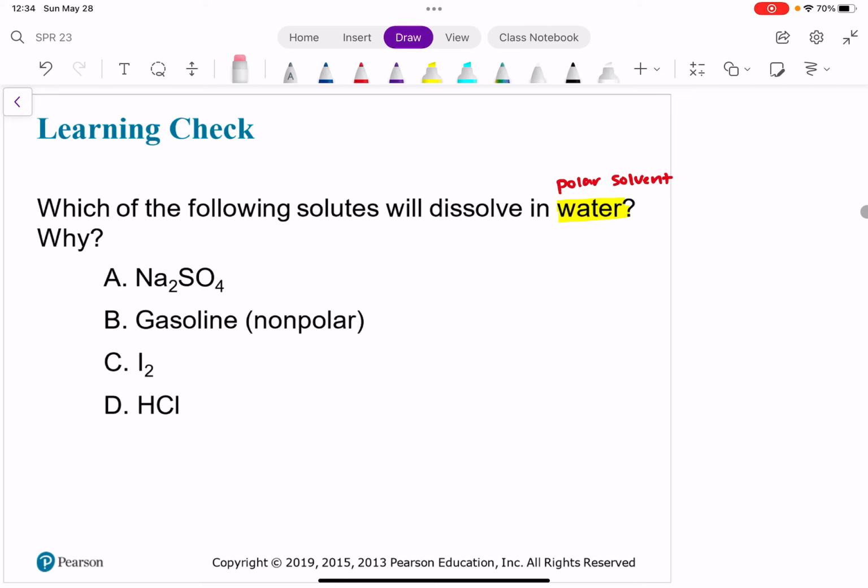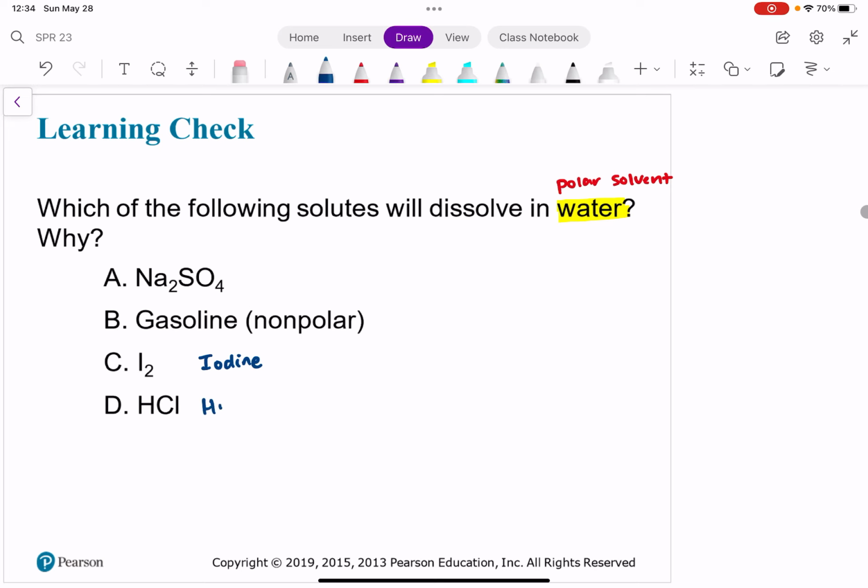So A, Na2SO4. B, gasoline, which we're told is non-polar. C, I2, which is what? Yeah, iodine. I2, iodine, is one of our diatomic molecules. Okay, molecules. And then D, HCl. What's HCl?